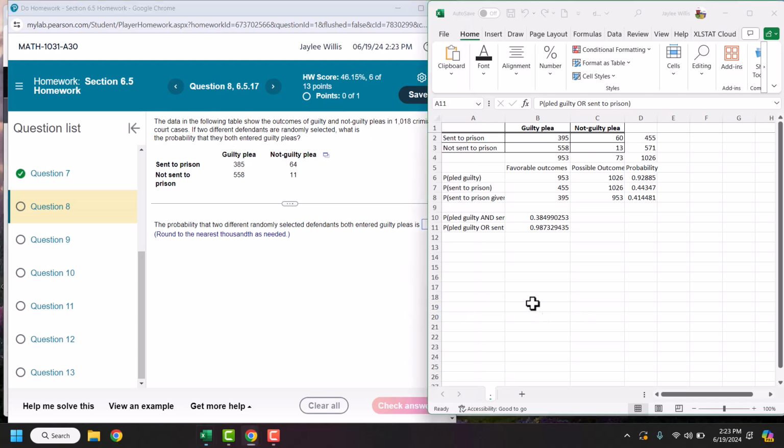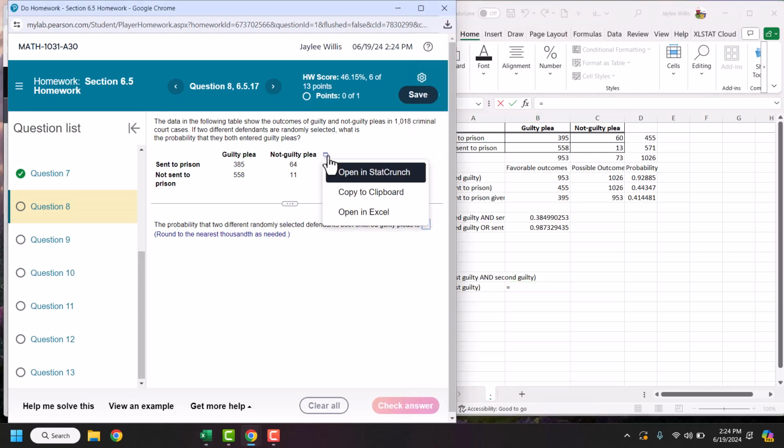So in this case, if we were trying to find the probability of both, one way you could think about this is that the first is guilty and the second is guilty. The way that you would calculate this one is you would first find the probability that the first pleads guilty. And maybe I won't copy down the whole table here. I'll just type out my calculations here. Actually, I do need to know the totals, so that would be easier.